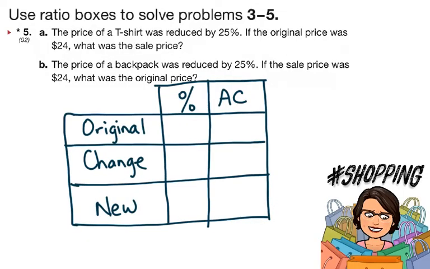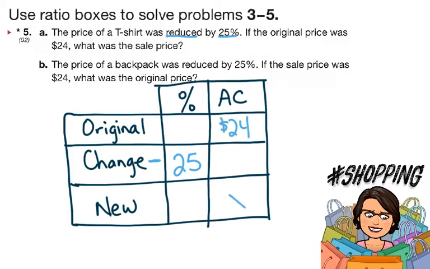Okay, we're going to use a ratio box for this one too. It says the price of a t-shirt was reduced by 25%. So notice right there we've got the word reduced, and it tells us by 25%. So your change is 25%, and reduced means it got smaller, so you're going to subtract. And it says if the original price was $24, so the actual cost was $24, what was the sale price?